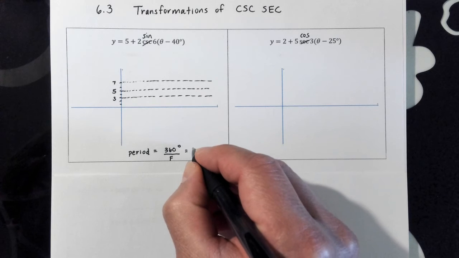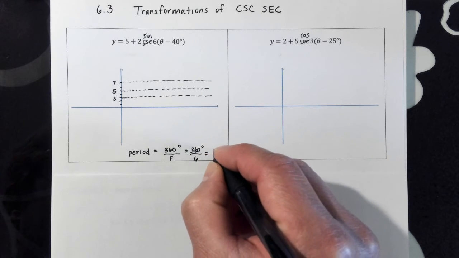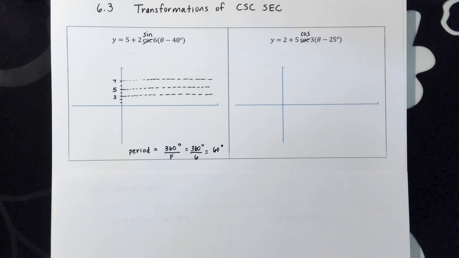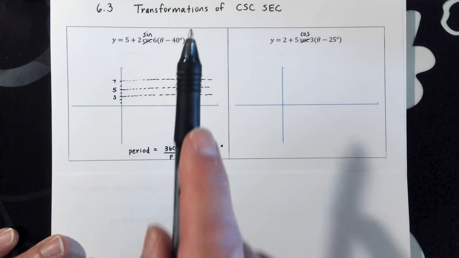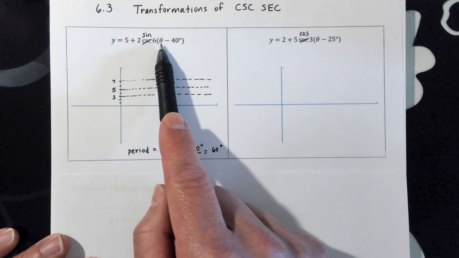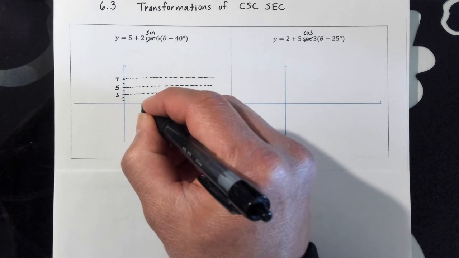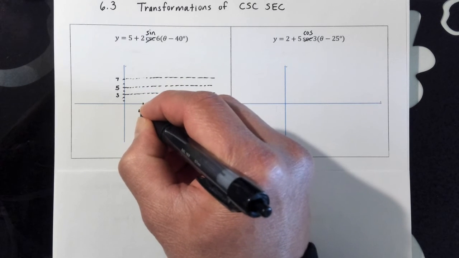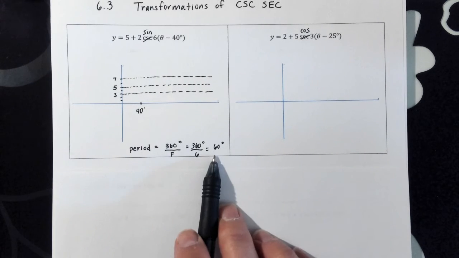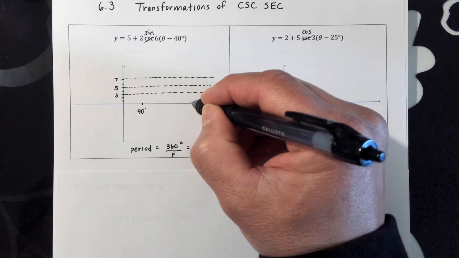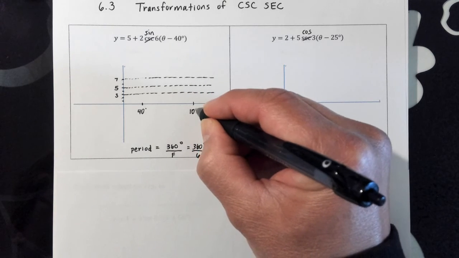So 360 divided by 6 equals 60 degrees is the period, and the phase displacement is positive 40, and basically that's where you're going to start a cycle. 40 degrees, the period is 60 degrees, so 40 plus 60 is 100.